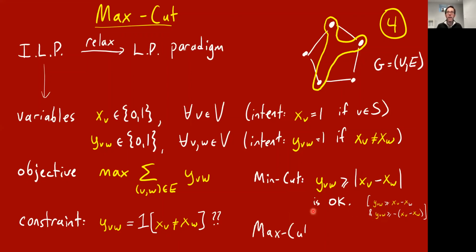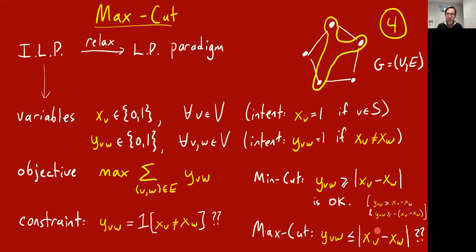On the other hand, for max cut, you're always trying to make the y's as big as you can. And you could enforce this if you could write down that y_vw is at most the absolute value, because then again, that would say that if x_v and x_w get different 0, 1 values, you're allowed to set y_vw to be 1. But on the other hand, if x_v and x_w are the same, then you're obligated to set y_vw to be 0.